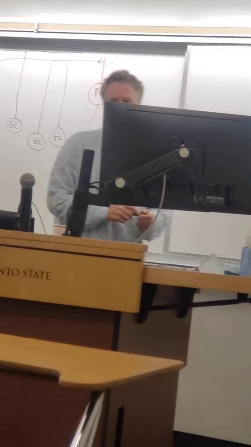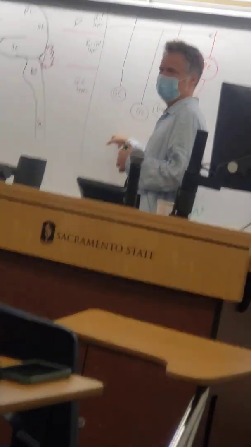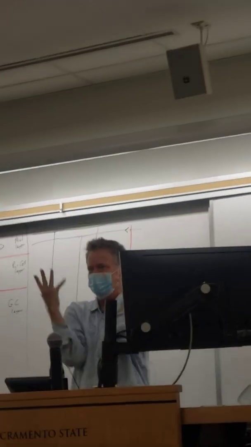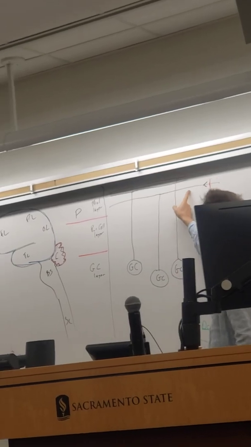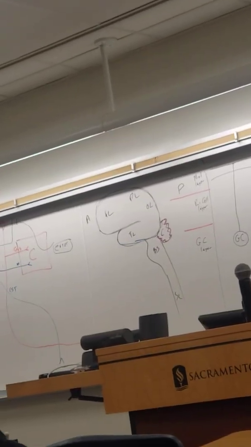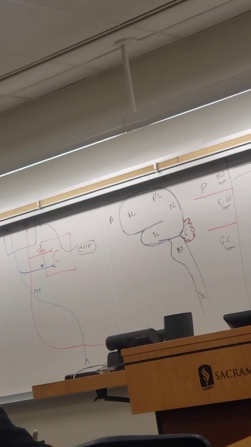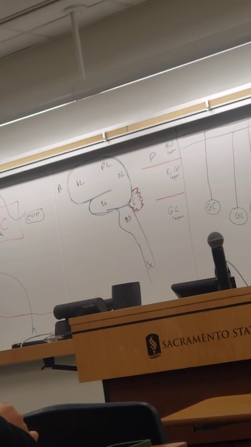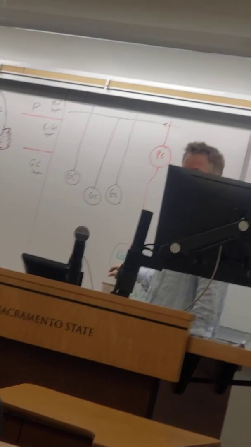Okay, so right now we have a simple circuit. We got billions of granule cells. They're really small. They send fibers up to the surface of the cerebellum, and they bifurcate. They make like a T. Okay, and then these little T fibers of the granule cells synapse on Purkinje cells. So there's a simple circuit, and the Purkinje cell talks to the deep nuclei, okay?